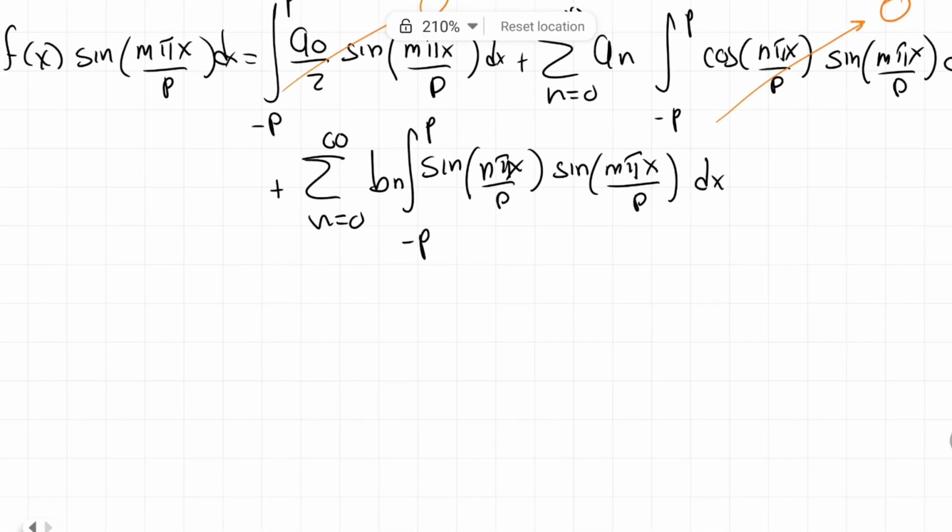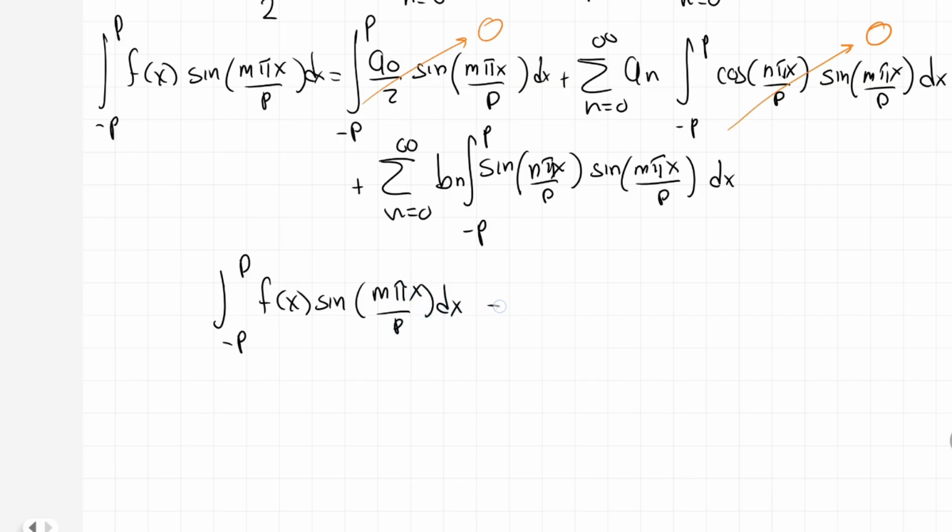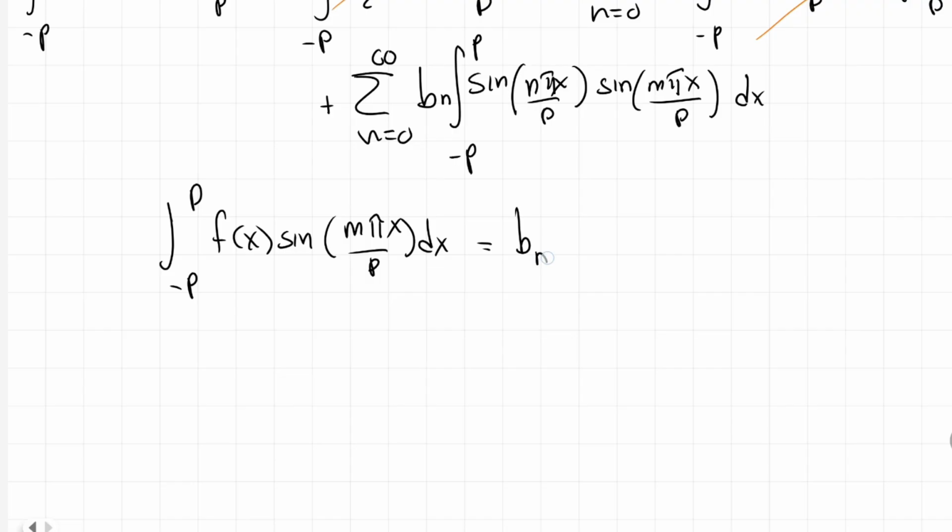Okay, so that means that the integral from negative p to p of f of x sine of m pi x over p dx is equal to b sub m times p.